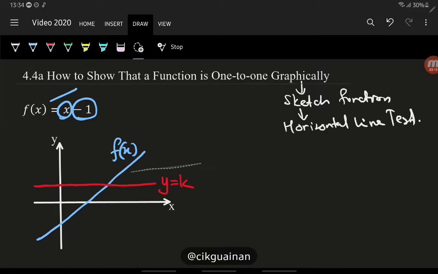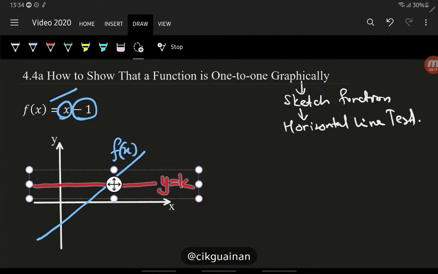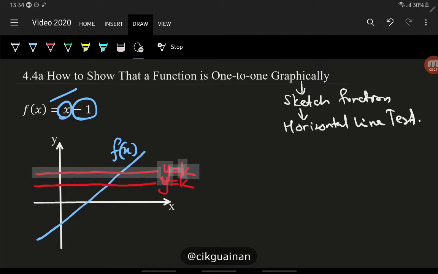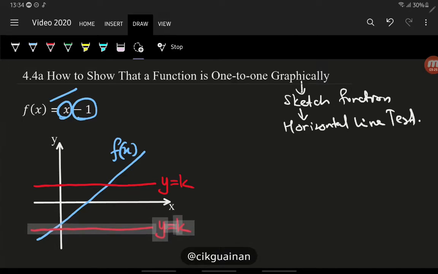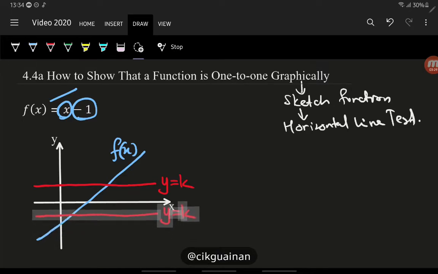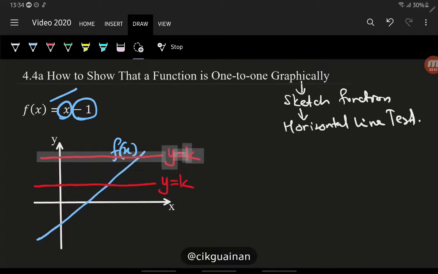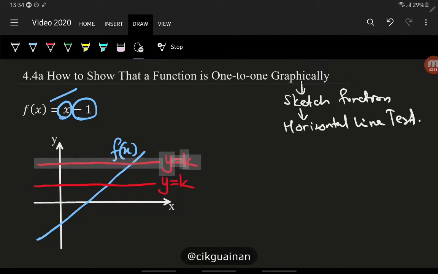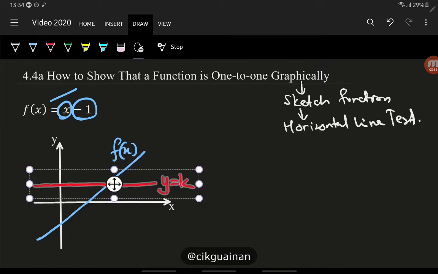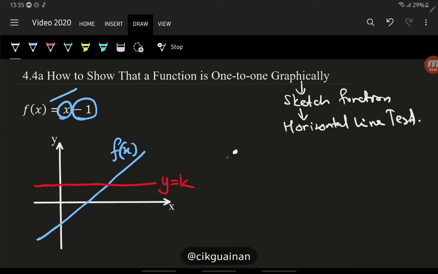Now, as I said just now, if you want to test, you can use your ruler or a pen, make it horizontal, put it against the function and move it up and down like what I did with the red line. As you can see here, as I move up and down, the blue function always intersects at one point with y equals k.